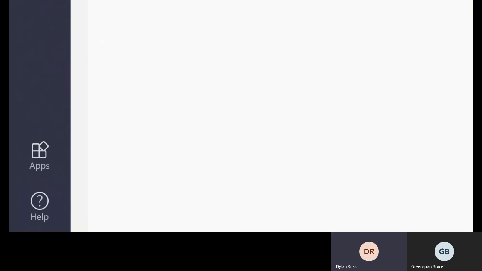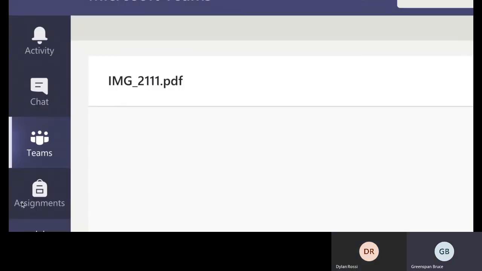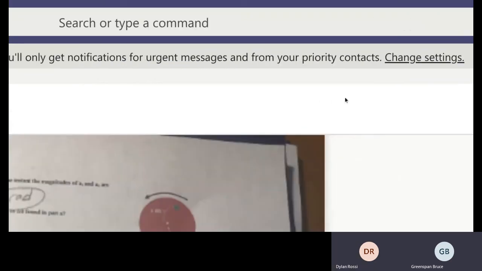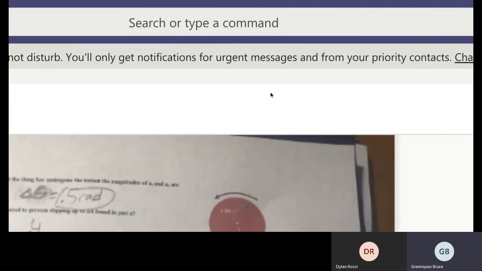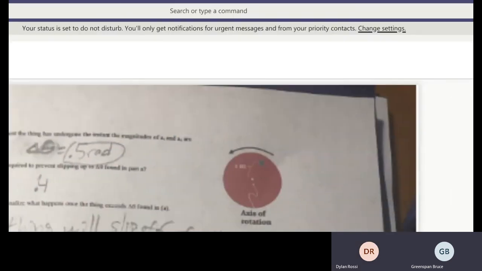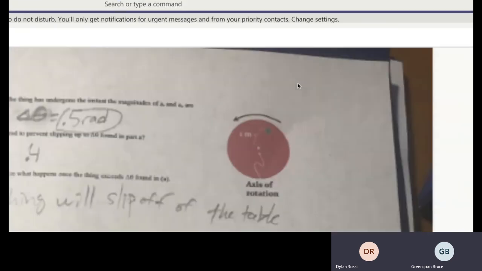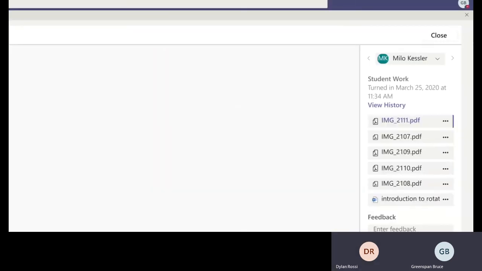Some of the stuff was taking a while today for me. I'm just zoomed in way too much. I don't know why. Here, this is yours. Why am I zoomed in like crazy? Zoom out, please. Here we go. That doesn't look like mine. That's not mine. This is Milo. It's because it's all zoomed in.